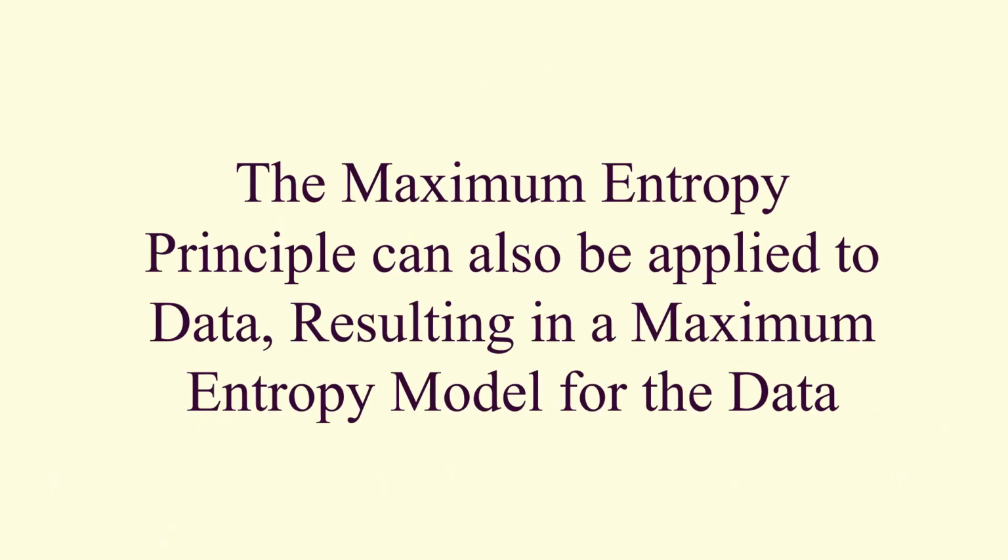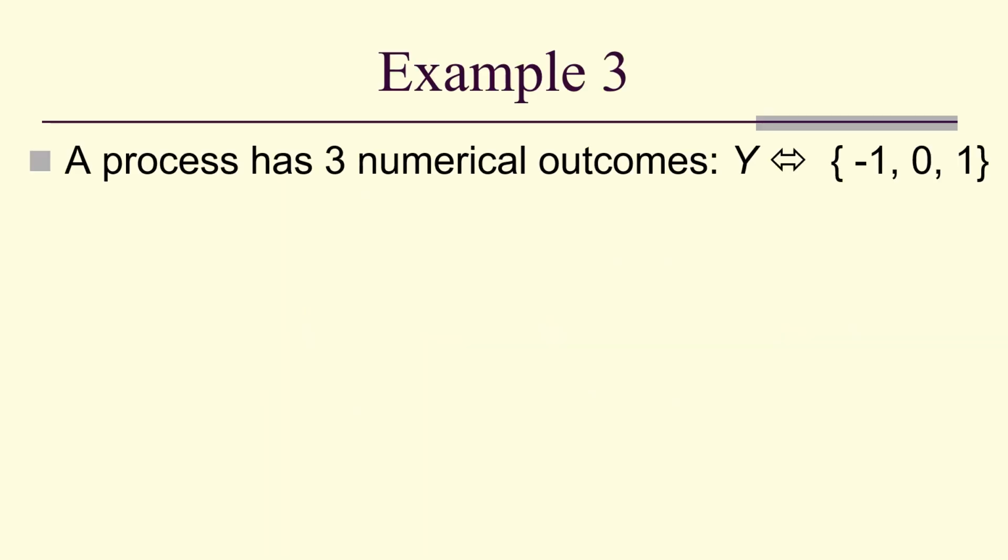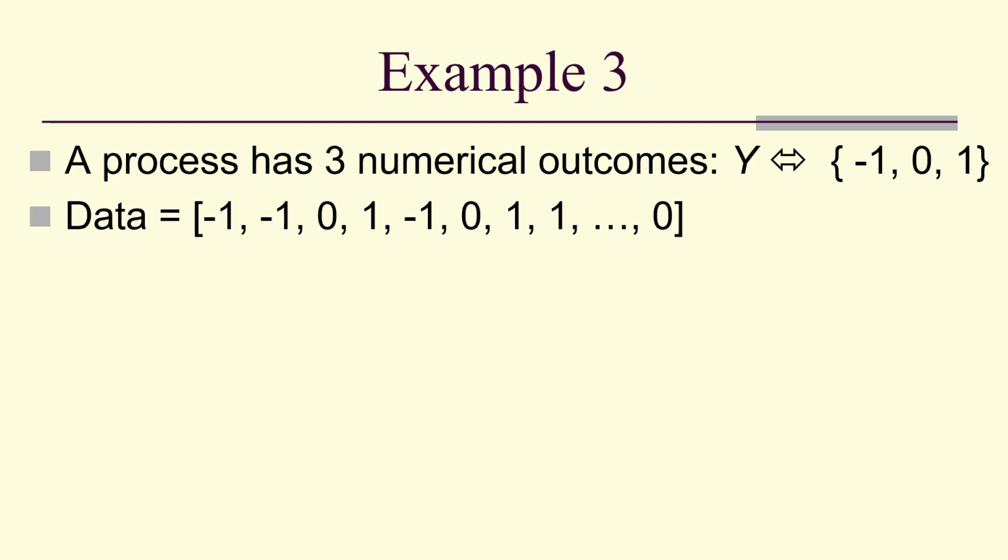Now we can also apply the maximum entropy principle to data, which gives us a maximum entropy model for data. So our third example is a process with 3 numerical outcomes, -1, 0, and 1. Here's our data, and we're told that the average is 3/7.